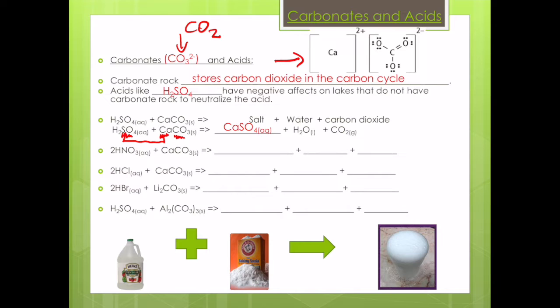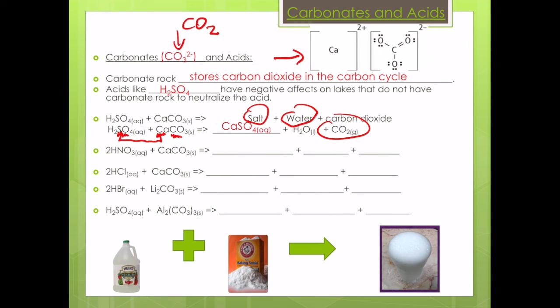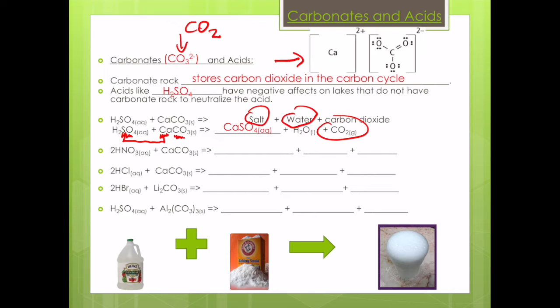So you have your salt here, you get your water, but you always get fizzy bubbles. And this is what makes, well, carbon dioxide in this case. This is what made the bubbles when you drop the vinegar onto the baking soda. And then that has an expansionary effect, and you put some dye in there and maybe a little bit of soap, and it looks like lava running down the hill.